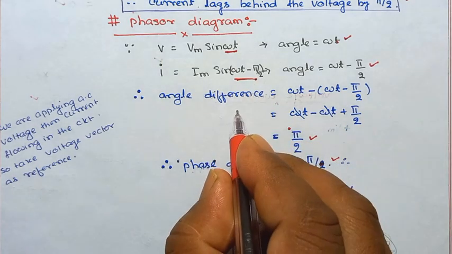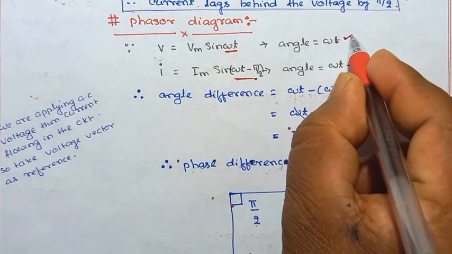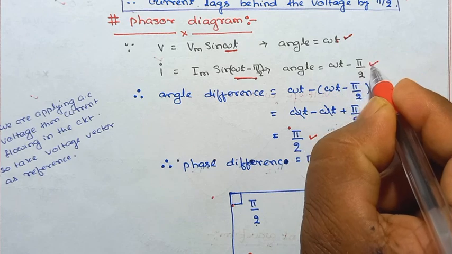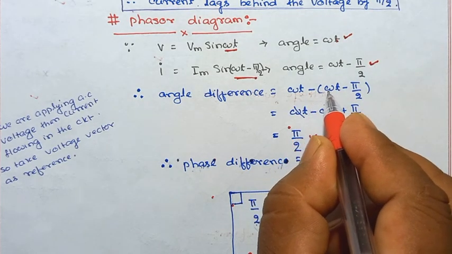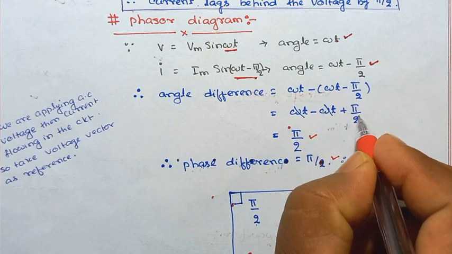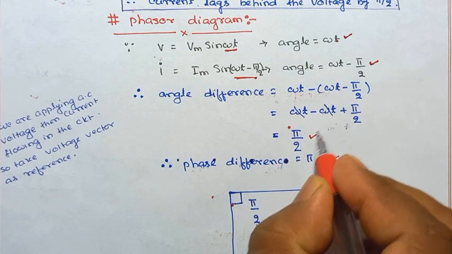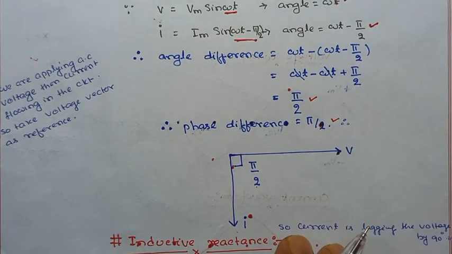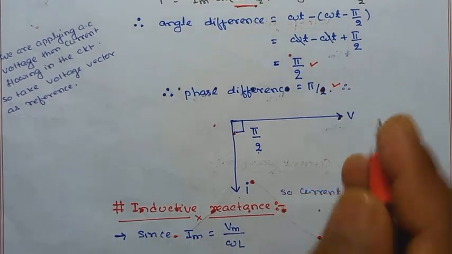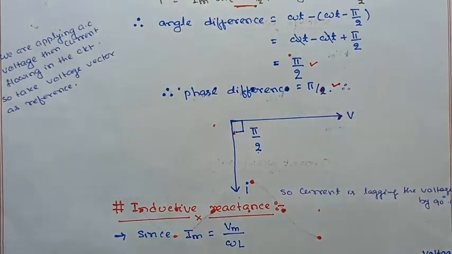So the angle difference is omega t minus (omega t minus pi by 2). So omega t cancels, leaving pi by 2. So the angle difference is pi by 2. That means the phase difference is pi by 2.